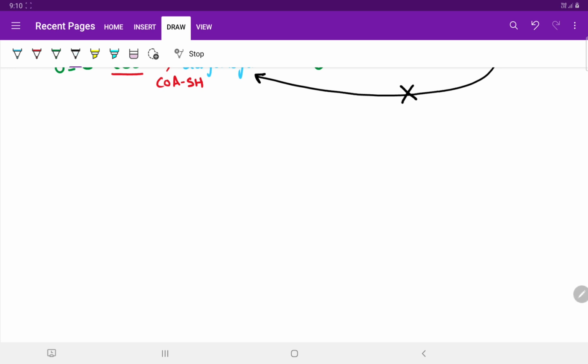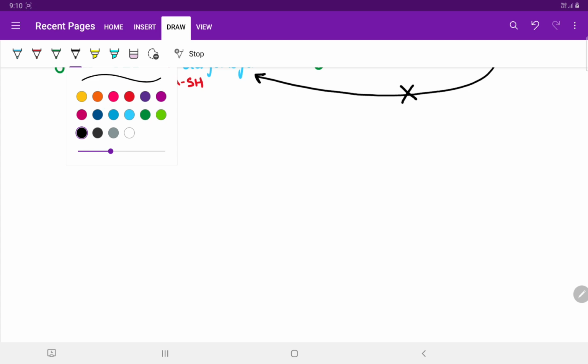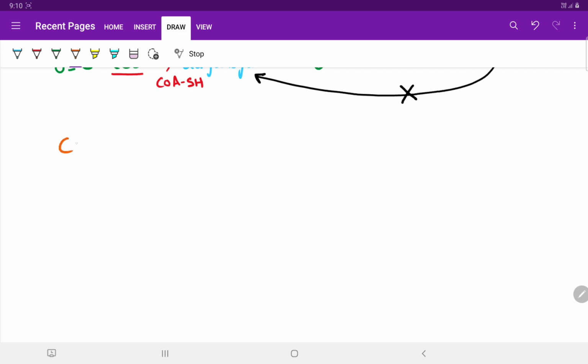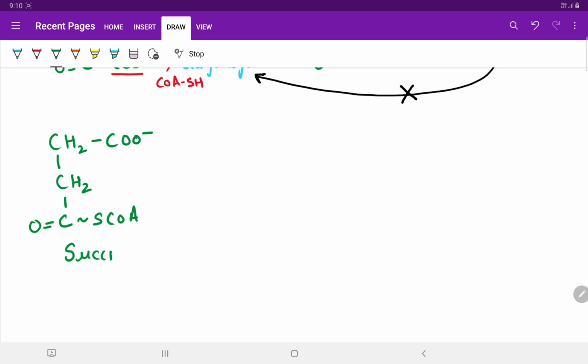Now let us draw the structure for succinyl coenzyme A. So this is the structure for succinyl coenzyme A. In presence of enzyme succinate thiokinase, so now the name of enzyme is succinate thiokinase, a molecule of succinate is formed.